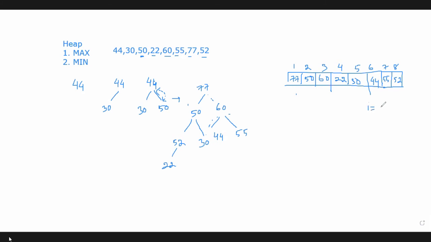After adding 52, I equals 8. So which one is the parent node of 52? Divide the value of I by 2. 8 divided by 2 equals 4. That means 22 is the parent node of 52. So now we can change these two nodes because the parent node is less than its child node. So here 52 will be inserted, and it's 22.